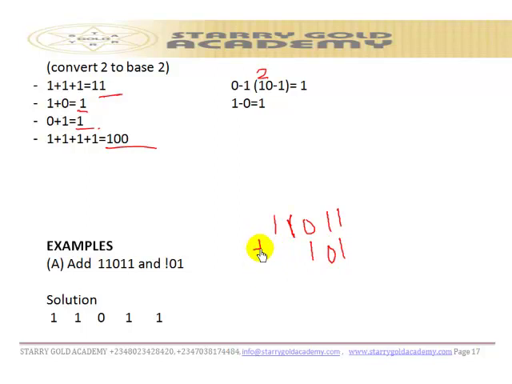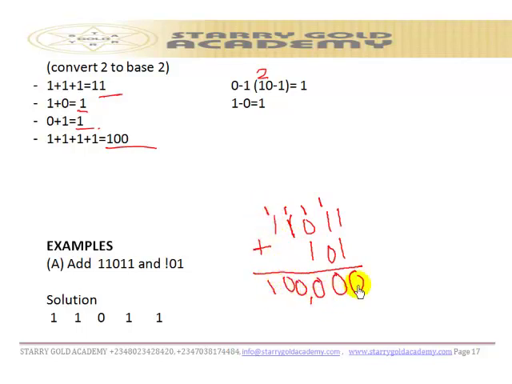We're supposed to add this together. I already said 1 plus 1 is 10, so 1 plus 1 is 10, carry 1. Plus the carried 1, it's still 10. Carry 1. 1 plus 1 is 10 again. Carry 1. 1 plus 1 is 10. Carry 1.